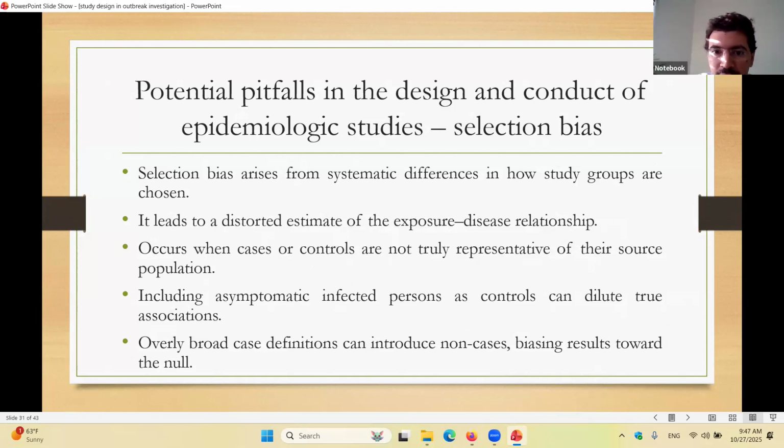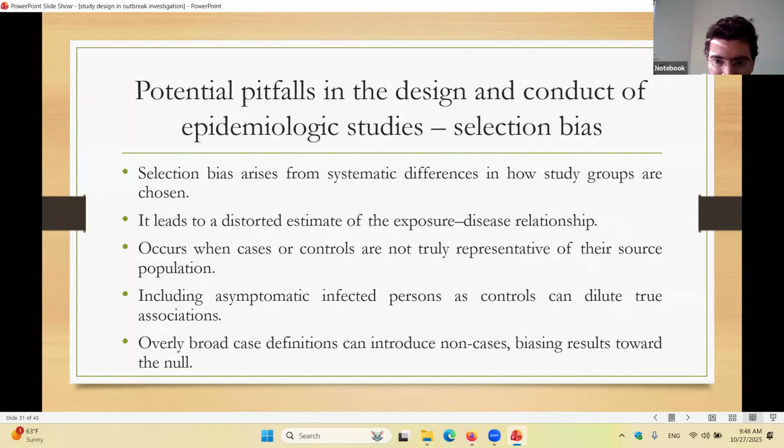About selection bias. I was talking about using asymptomatic infected persons as controls. As I said, it is a kind of misclassification when you consider a suspected case, an asymptomatic case, as control.